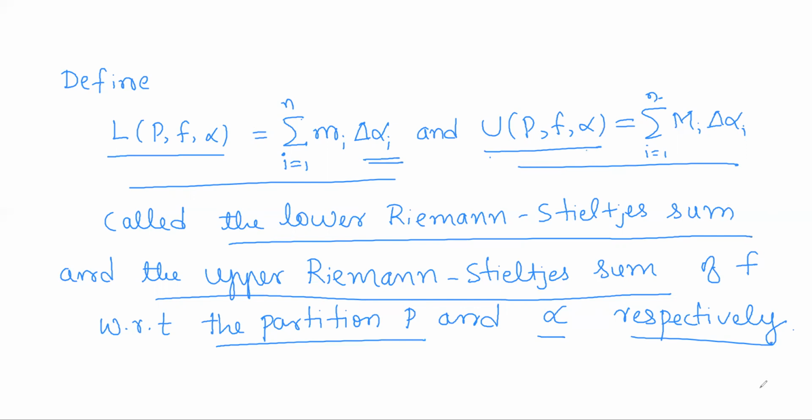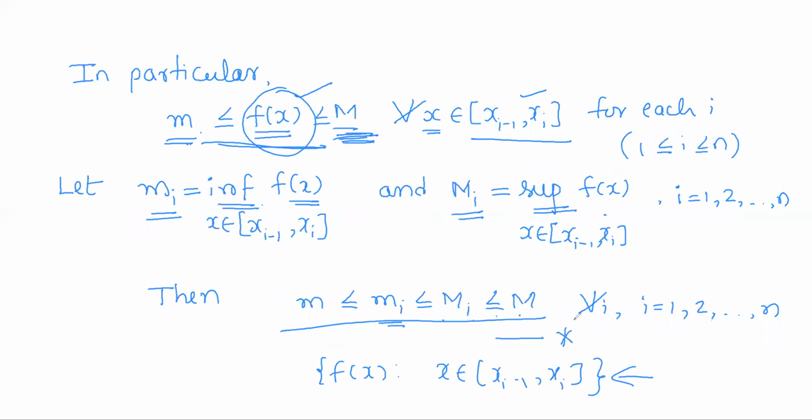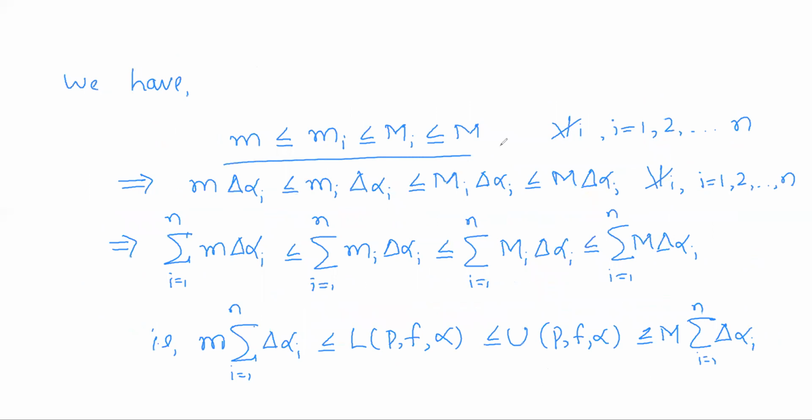So now use this inequality. Call this star. By star, we have m is less than or equal to m_i, less than or equal to capital M_i, less than or equal to capital M. Now multiply by delta alpha_i; as delta alpha_i is greater than or equal to 0, the inequality remains the same, and we have this for each i.